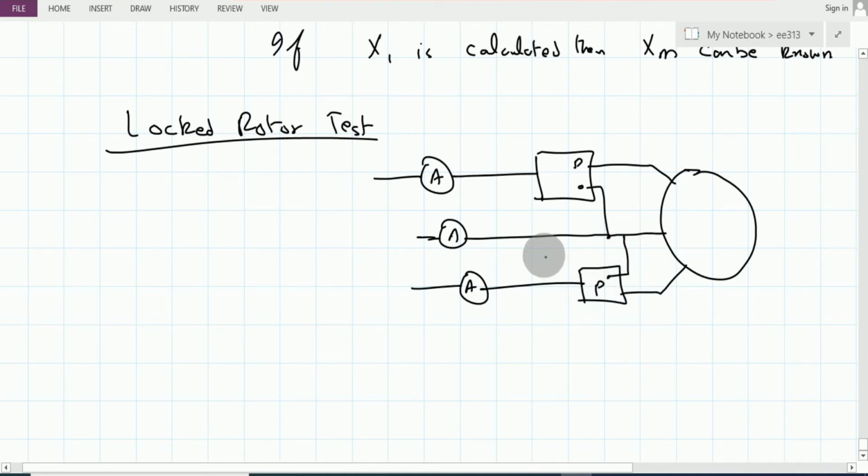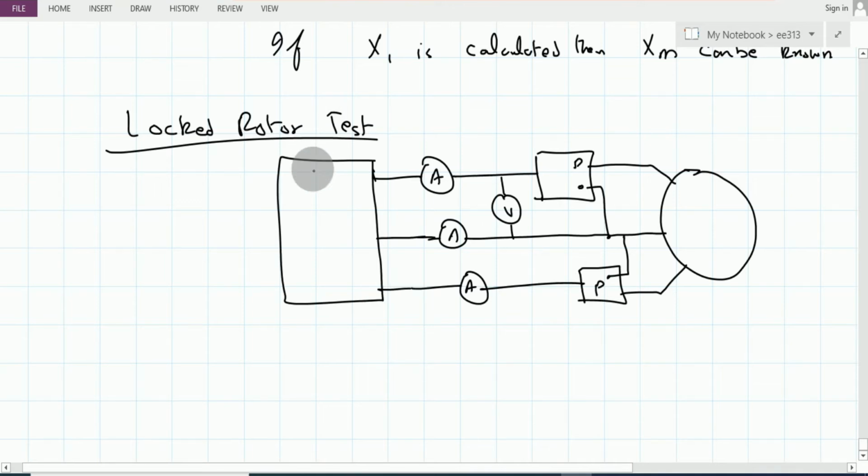This is P. Here we have the voltage V, and we have again the same sort of supply, which is a variable frequency, variable voltage, three phase supply. And here we have this IA, this is IB, and this is IC.